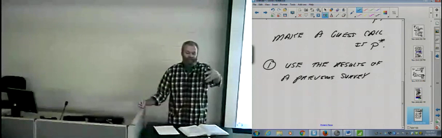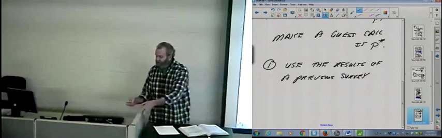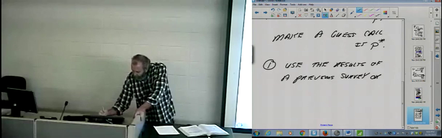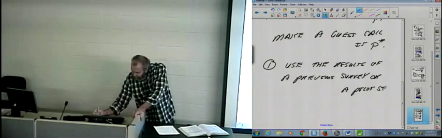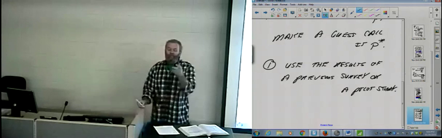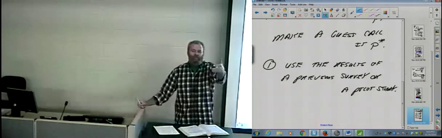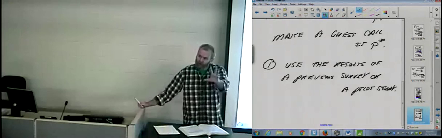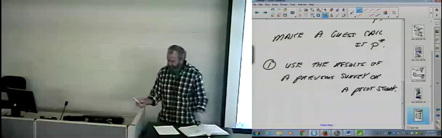Maybe somebody else took a sample and asked the same question you're interested in. Or a pilot study. Take a small sample and see what the proportion of successes is in the small sample and use that as your guess.